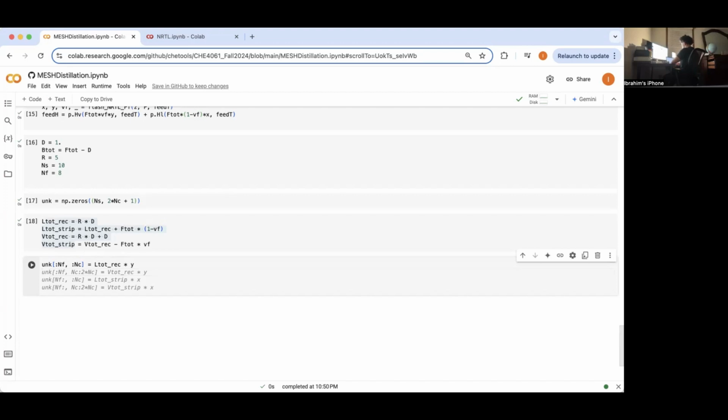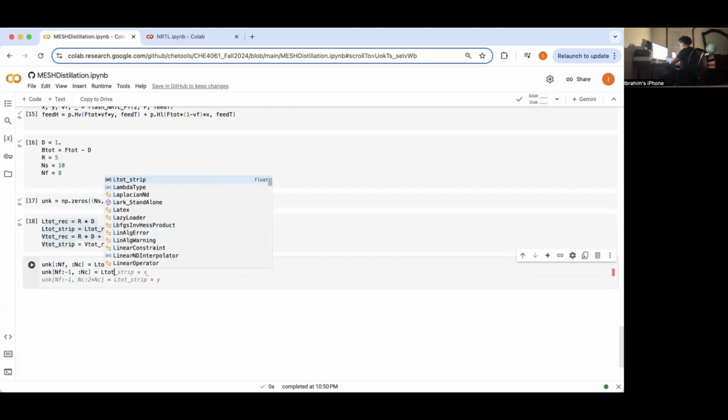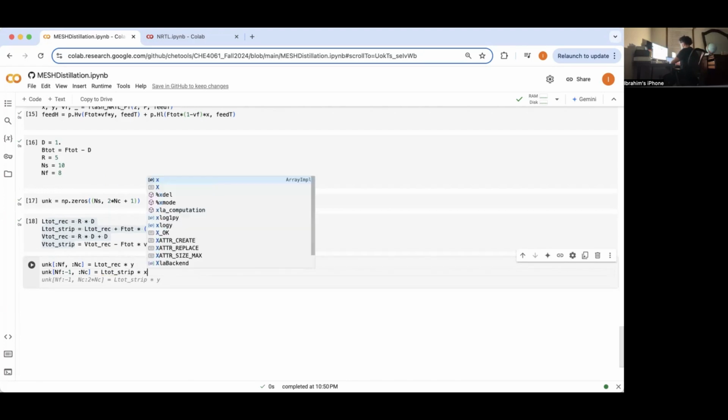Setting our next unknown, we're using our NF and a semicolon, and oh sorry, there's going to be something on the right. We're using -1, and on the right side, a semicolon and then the number of components. For this one, we're using our L total stripping multiplied by our liquid composition.